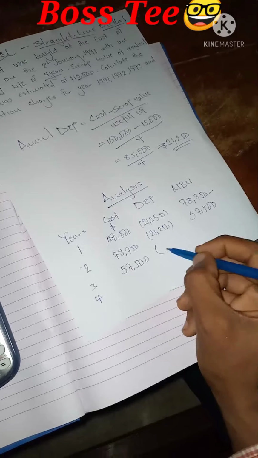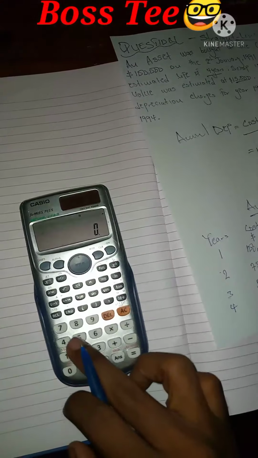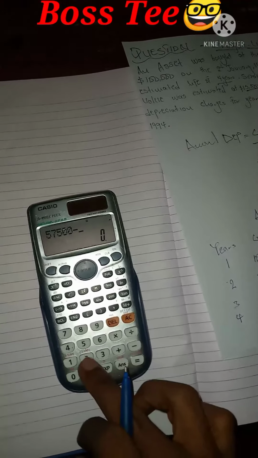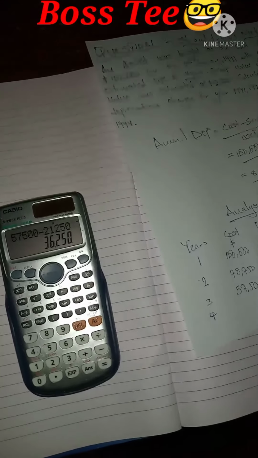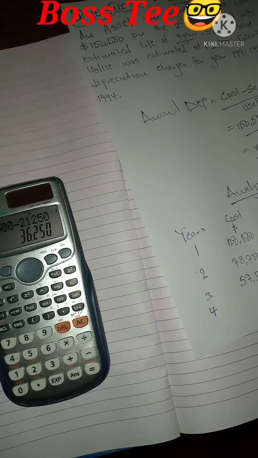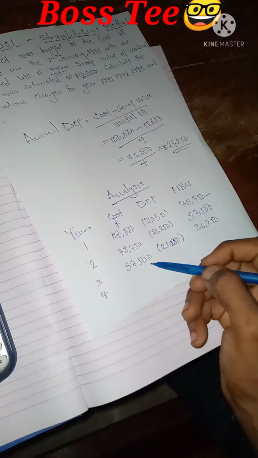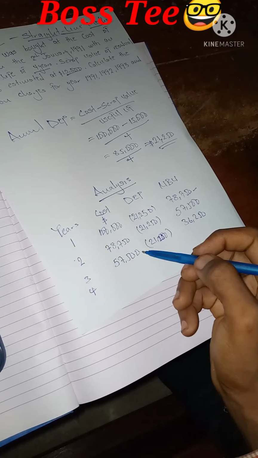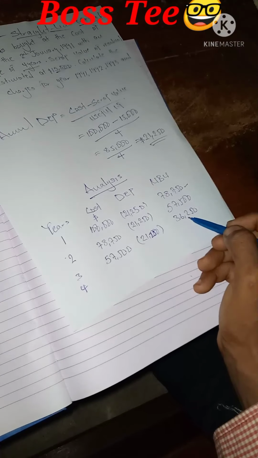The third year, it's going to move from 57,500 to, what do we have? So we reduce 57,500. You subtract 21,250. What are we supposed to have? We have 36,250, which simply means in year 3 of the asset being used, the value of the asset reduced to 36,250.